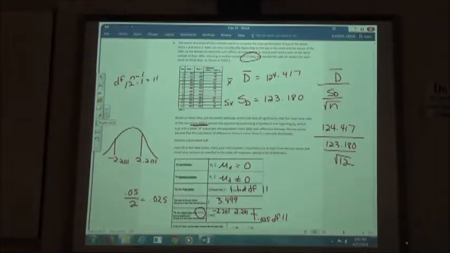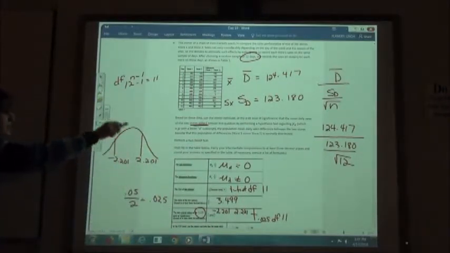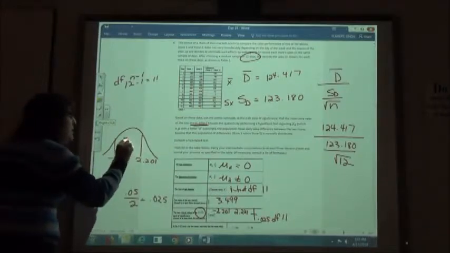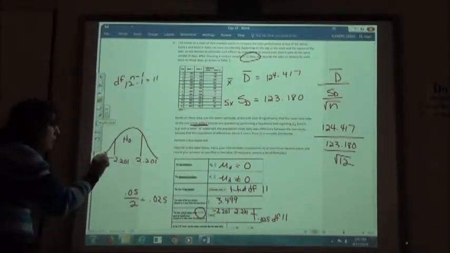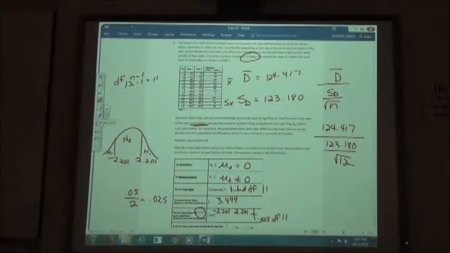And then, of course, the last part, at the 0.05 level, can the owner conclude that the mean daily sales of the two stores differ? So we want to figure out our test value. Where does our test value fall? If it's in the middle, we're going to accept the null. If it's on one of the two ends, we're going to accept the alternative. Where would 3.499 fall?